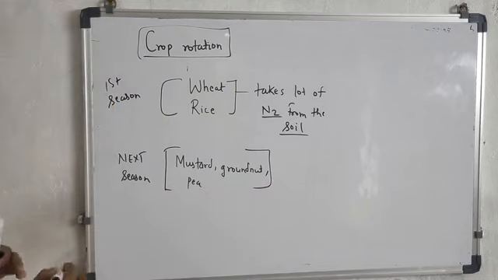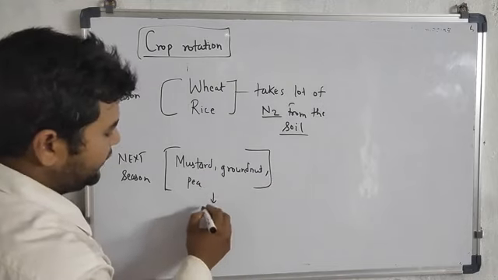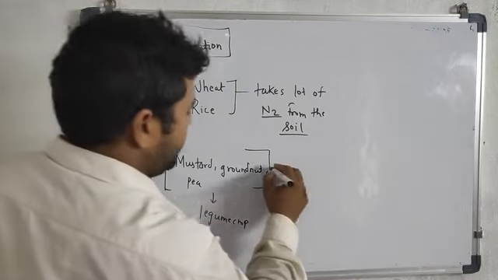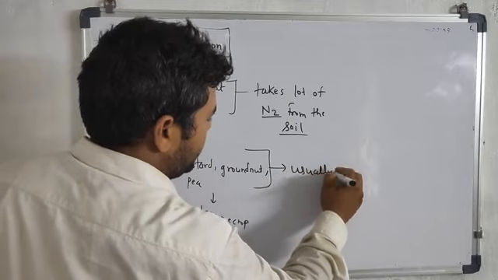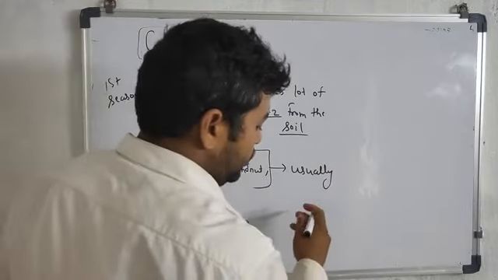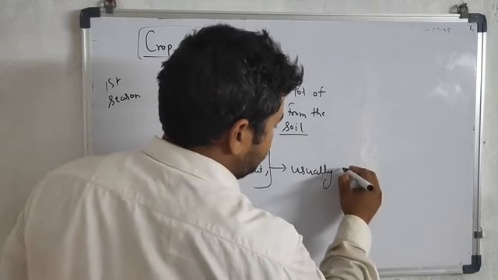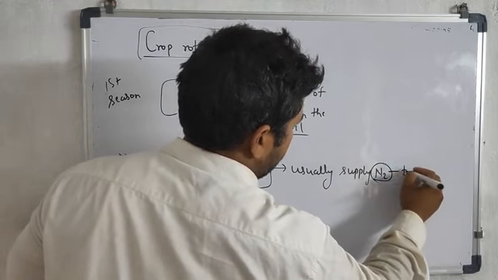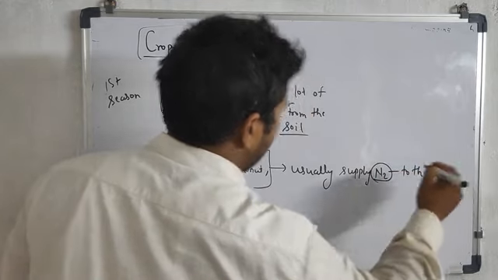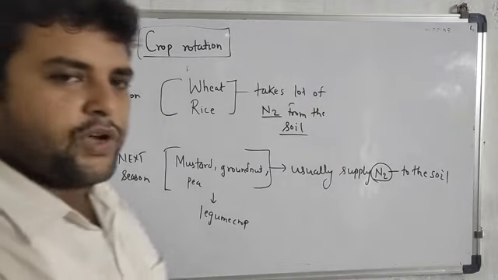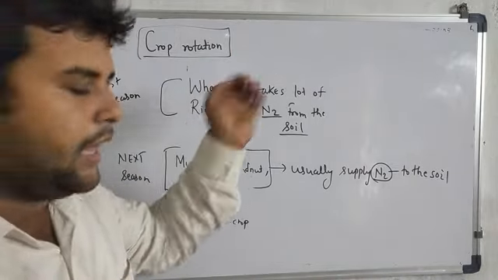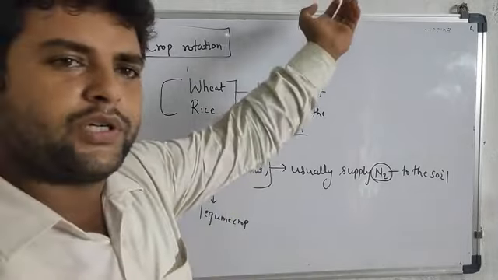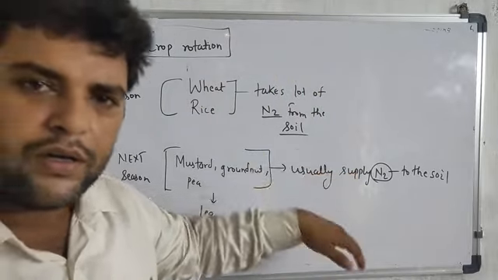So in the next season you have to cultivate any legume crop, because the legume crop usually supplies nitrogen to the soil. Okay, so in one season nitrogen is taken, and what is going to happen is that the amount of nitrogen taken is ultimately supplied by the next season.